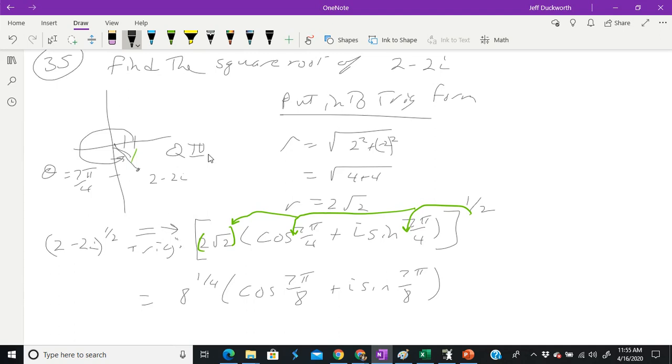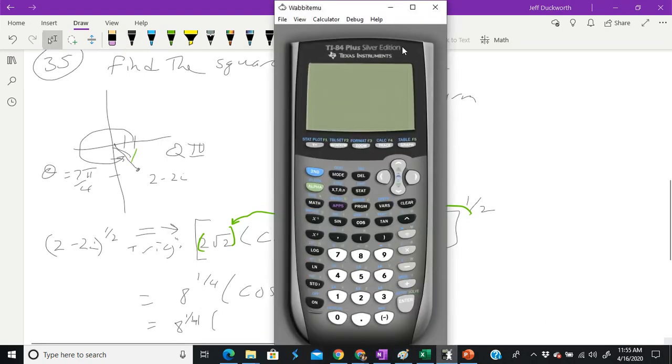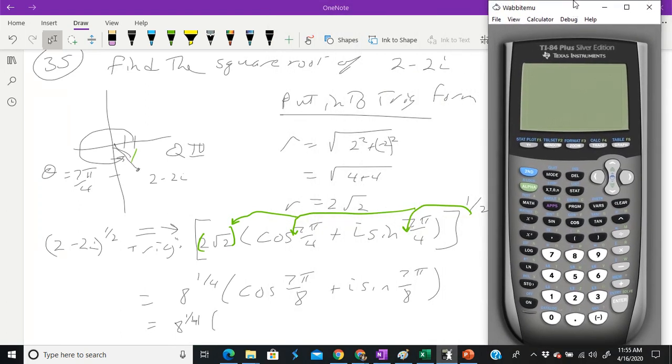That's what we'll have. All right, so we have the fourth root of 8, and when we calculate these values, let's just do it in the calculator. Let's just figure out what these cosine and sine are first. I'll leave that fourth root there.